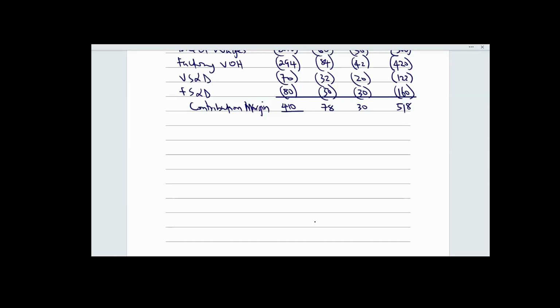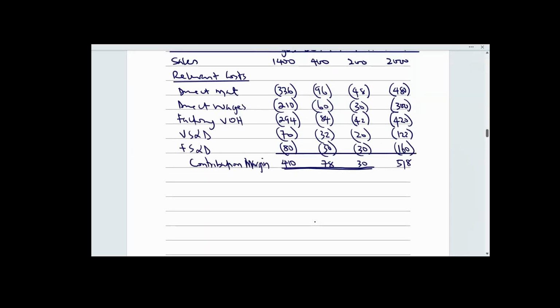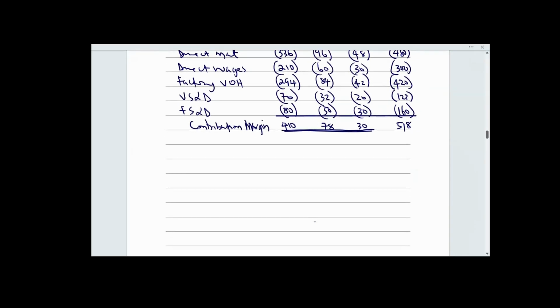Therefore, I will come here, I will close for each of them. But for the company as a whole, the company has incurred fixed overhead of 400,000 naira. That fixed overhead, we said, is a general fixed overhead.